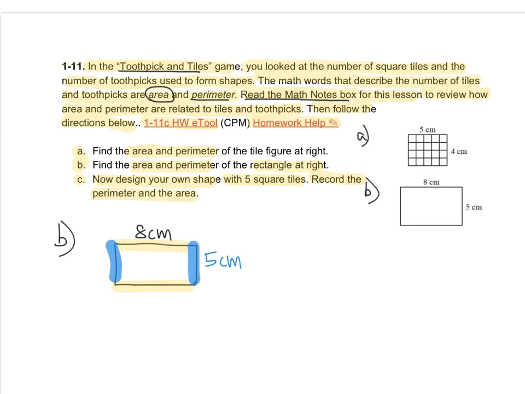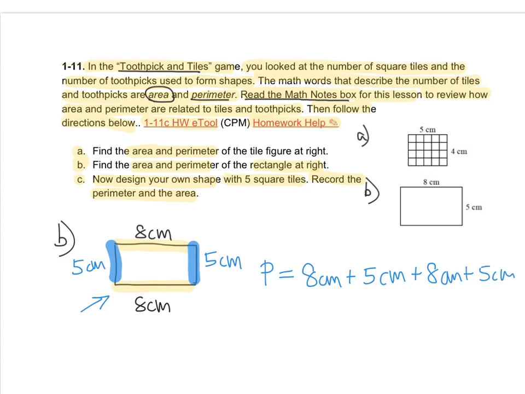So to find the perimeter, we're going to add all the lengths. So I need double the length and double the width. Perimeter equals, I can start from one corner and write 8 centimeters plus 5 centimeters plus 8 centimeters plus 5 centimeters.